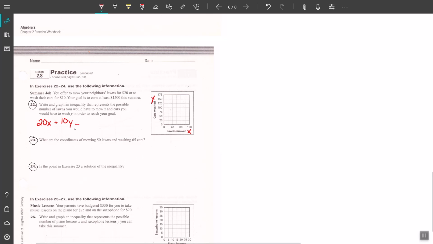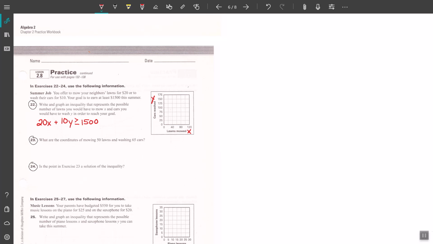So it could equal that $1,500, or it could go over that $1,500. We just don't want it to be less than, because that would mean you did not reach your goal. So that's your inequality.